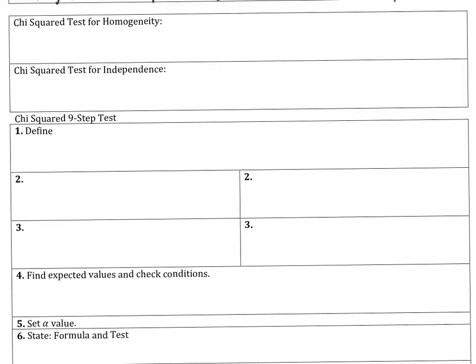Okay, chi-squared tests for homogeneity. We're going to label this one with red throughout this document.